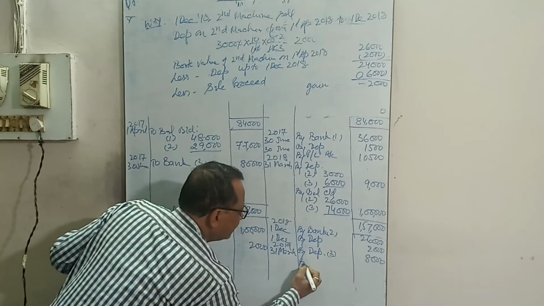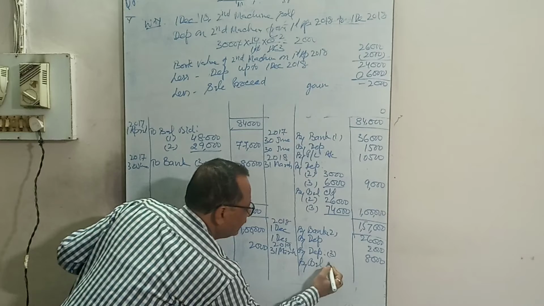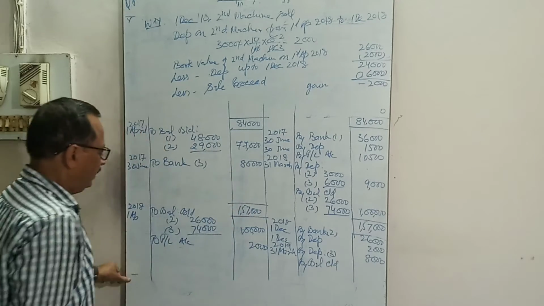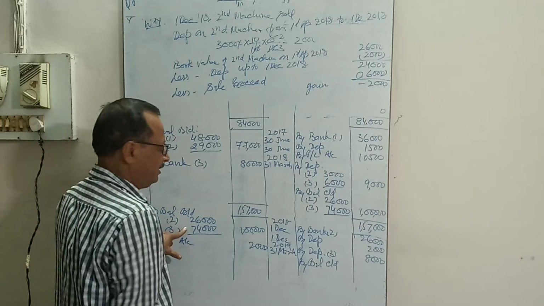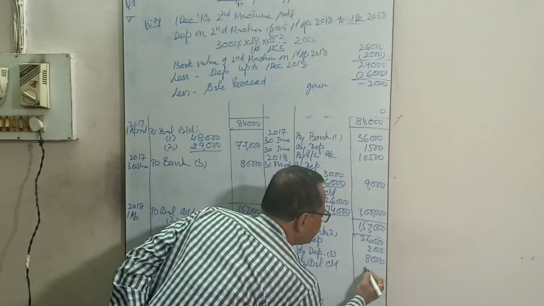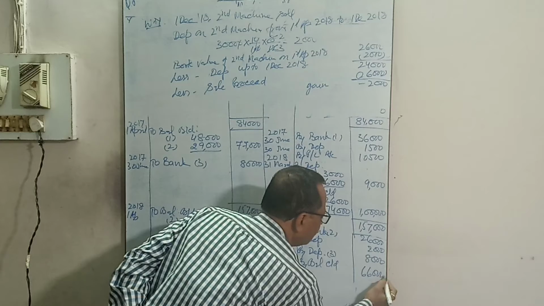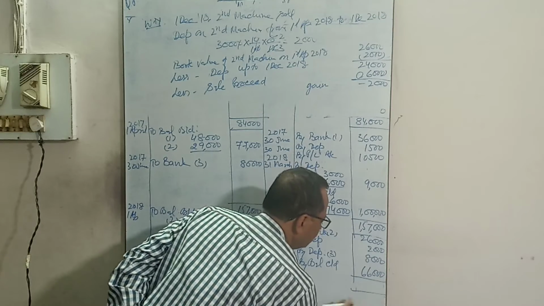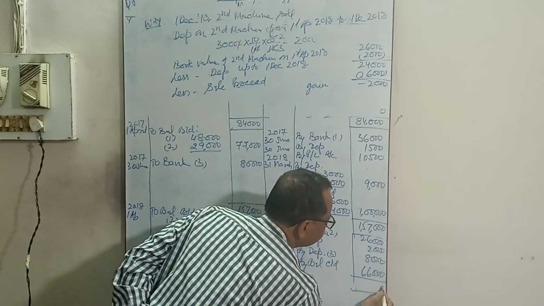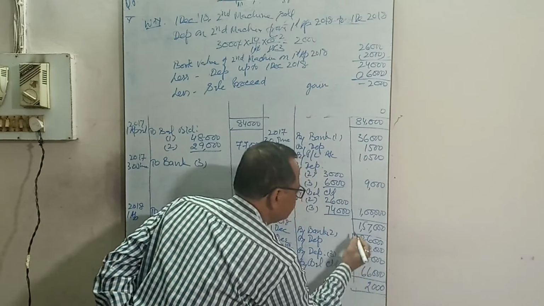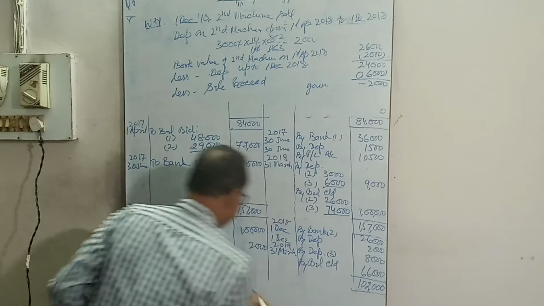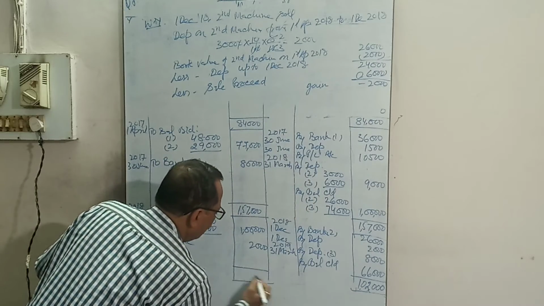Now balance carried down. Only third machine is remaining. 74,000 minus 8,000. This is 66,000. Total it. One lakh 2,000. 1,02,000.